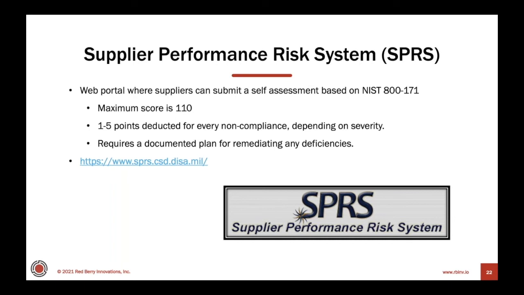A contractor can document implementation of the security requirements in NIST 800-171 by having a system security plan in place to describe how the security requirements are implemented, in addition to associated plans of action to describe how and when any unimplemented security requirements will be met.